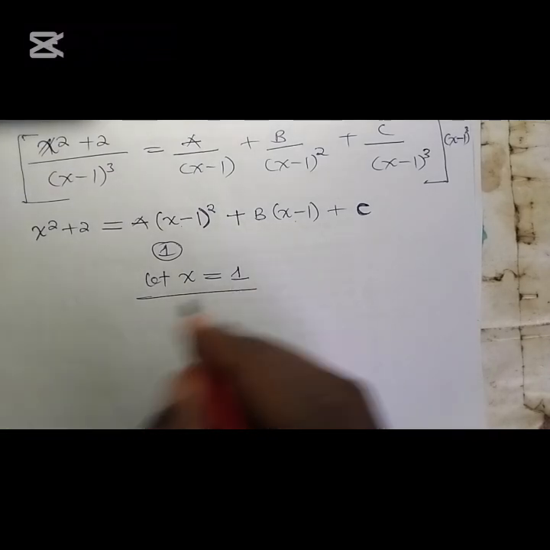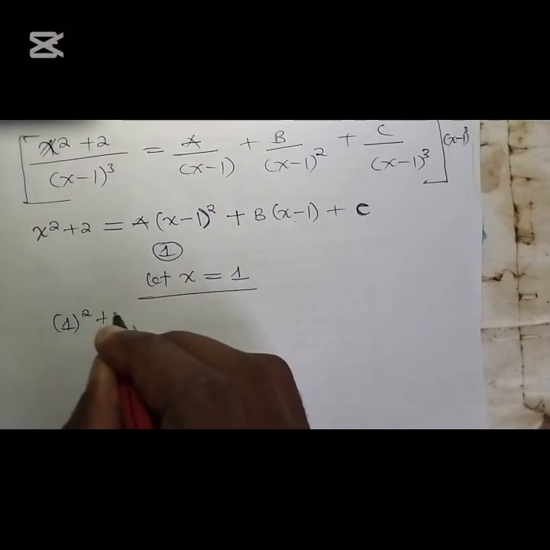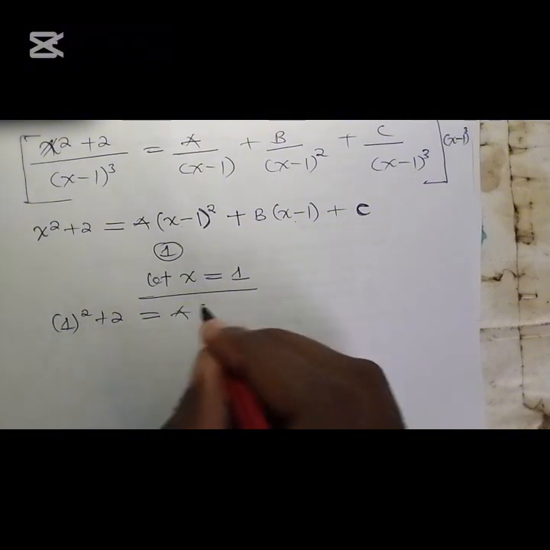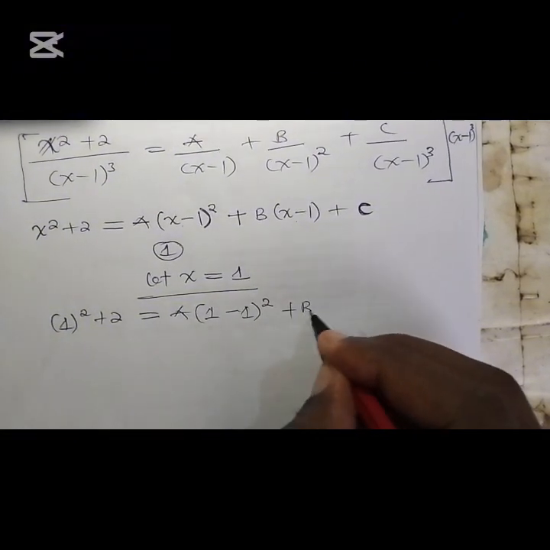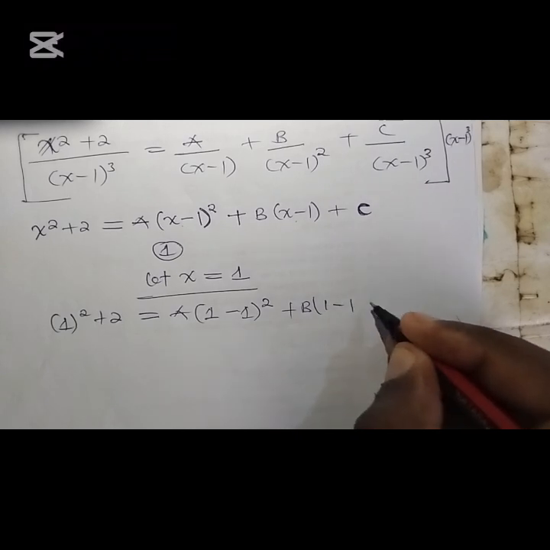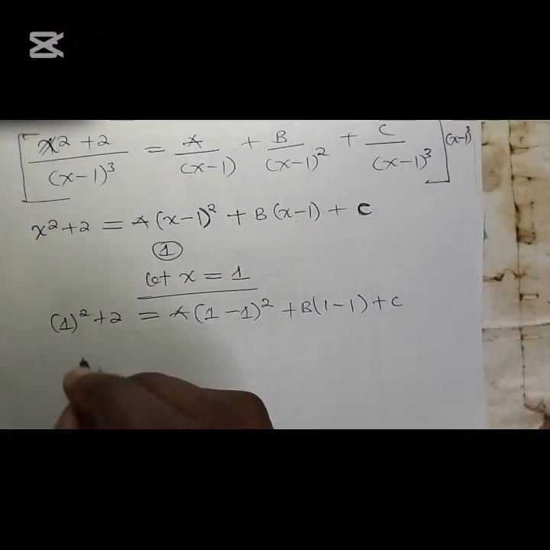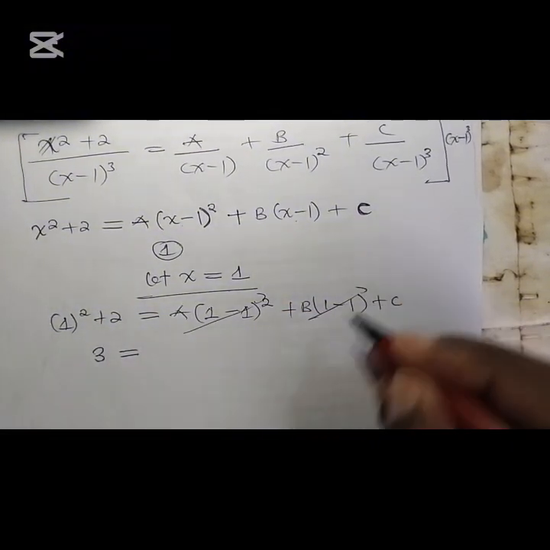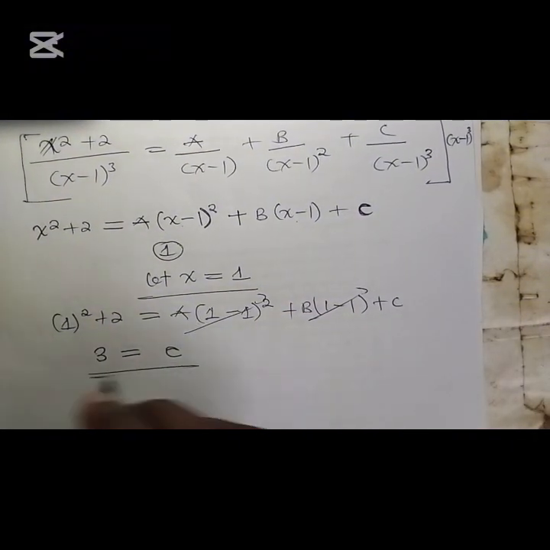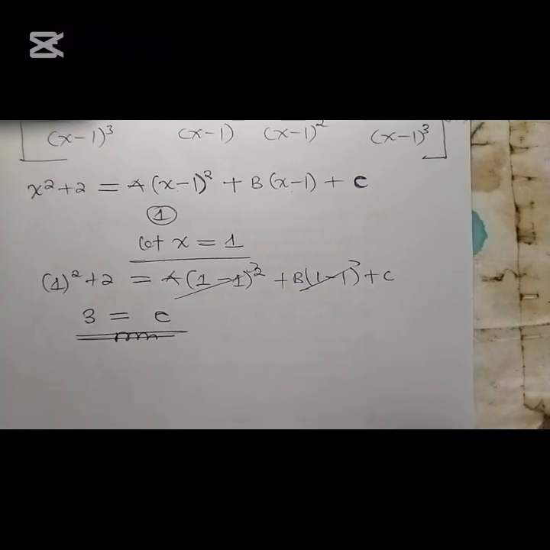So if x is 1, then 1 squared plus 2 gives 3, and a times 0 and b times 0 vanish, then plus c. So c is 3. Okay, beautiful.